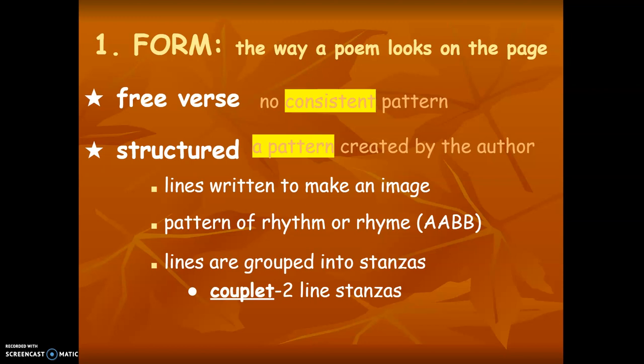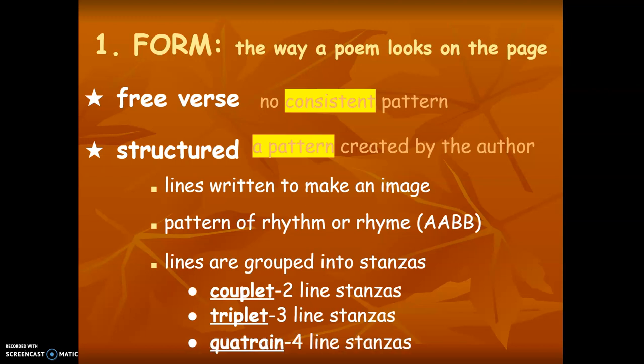When we talk about groupings of stanzas in particular, we can use 3 different terms, and I'm sure that there are terms that go up to 10 or 20. The most common, though, that we'll look at are couplets, when you have stanzas that are set up with 2 lines together, triplets, where 3 lines are set together, and quatrains, where 4 lines are set up together.